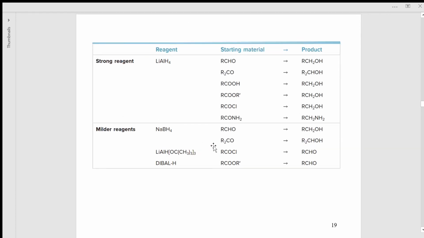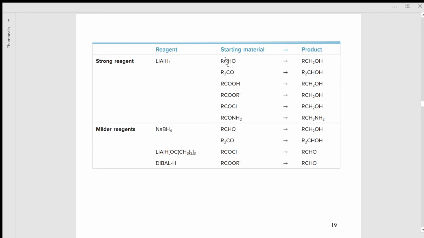Well, this table basically summarizes many of the reactions, reducing reactions with different reducing agents and different substrates. I know there are a lot of reactions here. I just explained some very fundamental things.